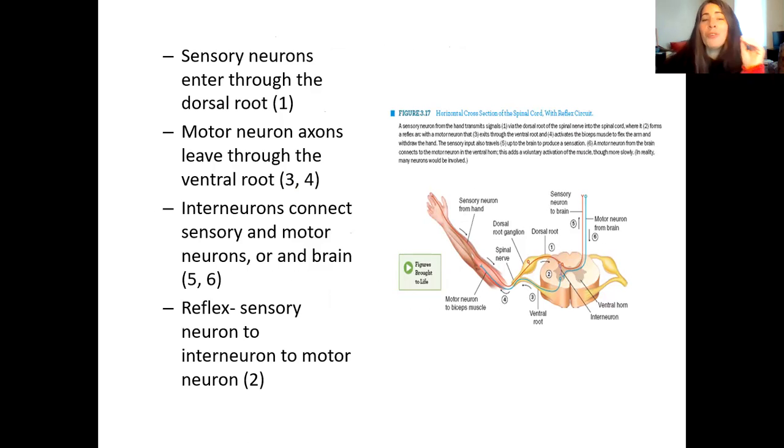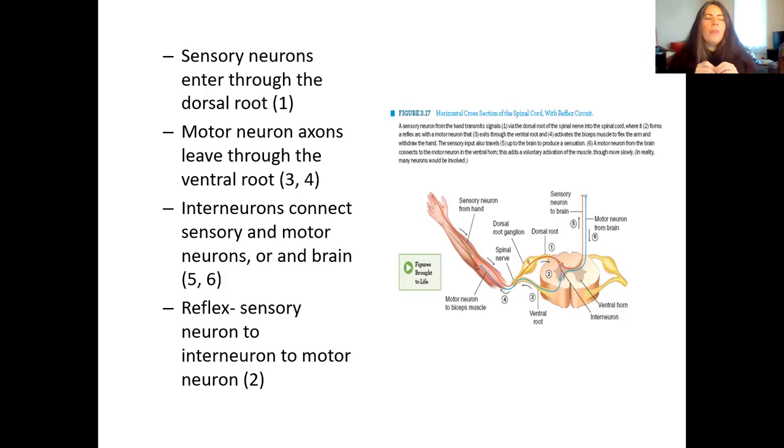The cell bodies for the sensory neurons enter through the dorsal root, or that's towards the back, whereas the motor neurons leave through the ventral roots. There are interneurons that connect sensory and motor neurons or connect with the brain. So we saw this when we were looking at the reflex arc.